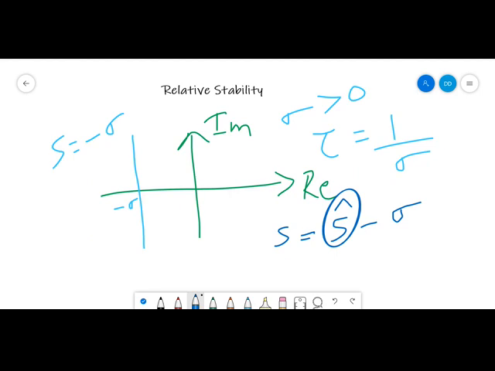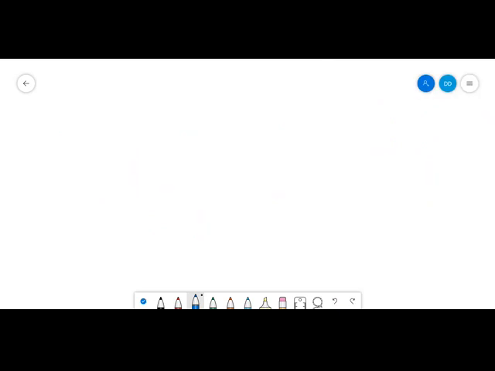Then if there is no change in the Routh array constructed using S cap, it implies that all the roots of the original characteristic equation are more negative than minus sigma. We will have an example, we will understand it better.